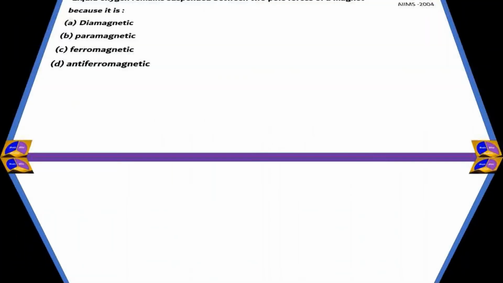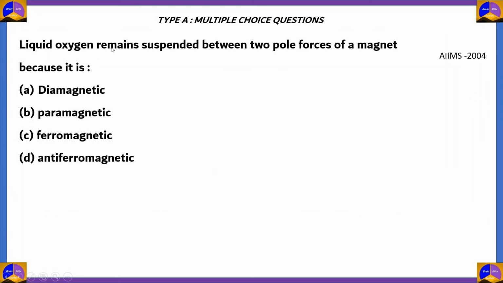Next question. Liquid oxygen remains suspended between two pole forces of a magnet because it is diamagnetic, paramagnetic, ferromagnetic, or antiferromagnetic. Okay, so let's draw this diagram. Imagine we have two monopoles, a north pole and a south pole, and we have a molecule of liquid oxygen.